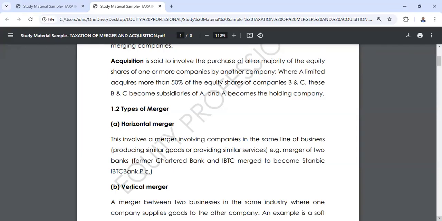Example of horizontal merger: Chartered Bank and IBTC Bank merged together to become Stanbic IBTC Bank.